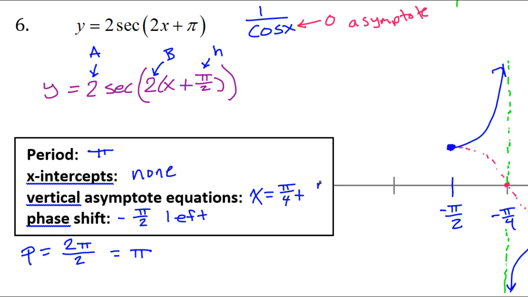Alright, so I'm going to add multiples of pi over 2. Didn't leave myself quite enough space, so I'm going to put n pi over 2, to capture the multiplicity. Alright, multiples of pi over 2. Multiples of half the period. Alright, and I need to mention that n is an integer.